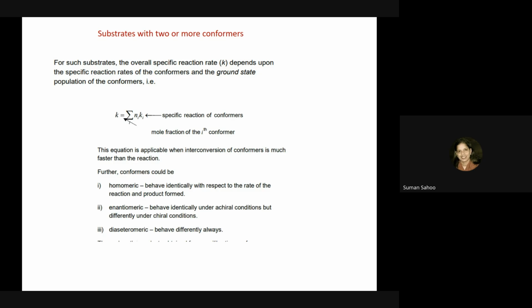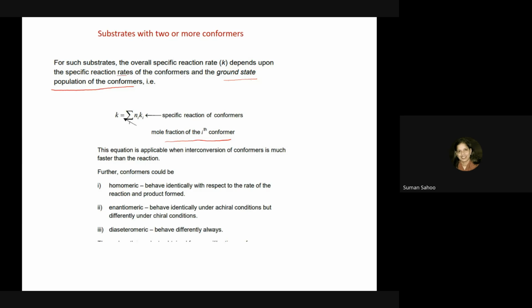In that case, the overall specific reaction rate depends upon the specific reaction rate of the conformers and the ground state population of the conformers. That means the more stable conformers, that is the ground state population. So the total specific reaction rate is the sum of Ni times Ki, where Ni is the mole fraction of the ith conformer, and Ki is the specific reaction rate of that conformer.